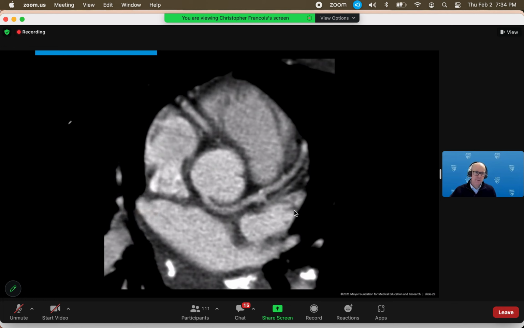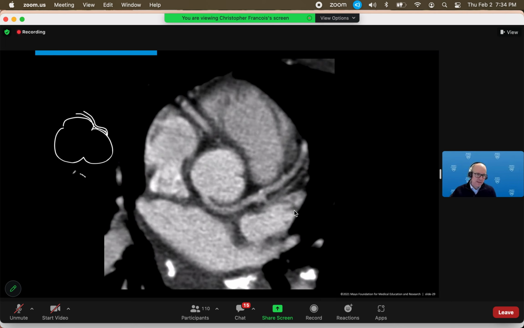And so if this is your aortic root, if the right coronary artery comes out with a very acute angle and it's following the course of the aortic root very closely, that's a good sign that it is within the wall of the aorta.